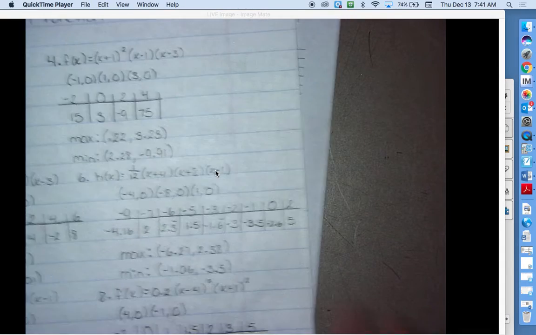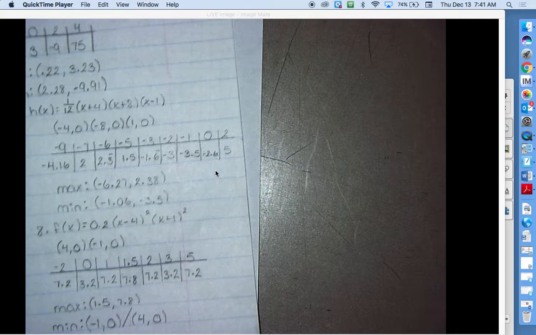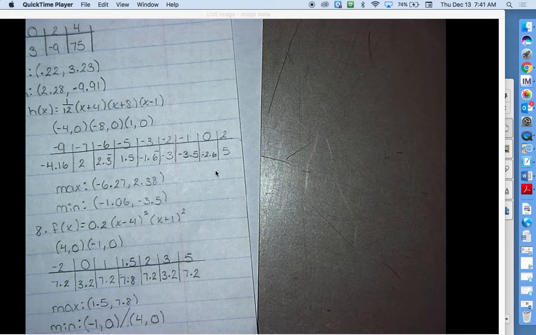Gabby has number 8. I had number 8, which is f(x) equals 0.2 times (x minus 4) squared times (x plus 1) squared.